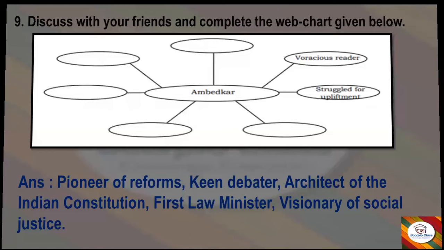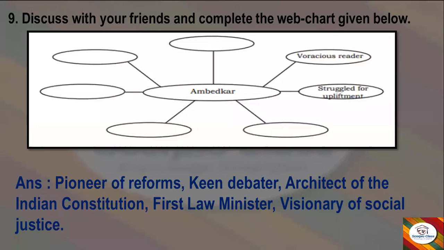Next question. Discuss with your friends and complete the web chart given below. So you have a web chart over here. It's about Ambedkar, about his qualities and characteristics. Two are mentioned, voracious reader and struggled for upliftment. These were the works which he had done.